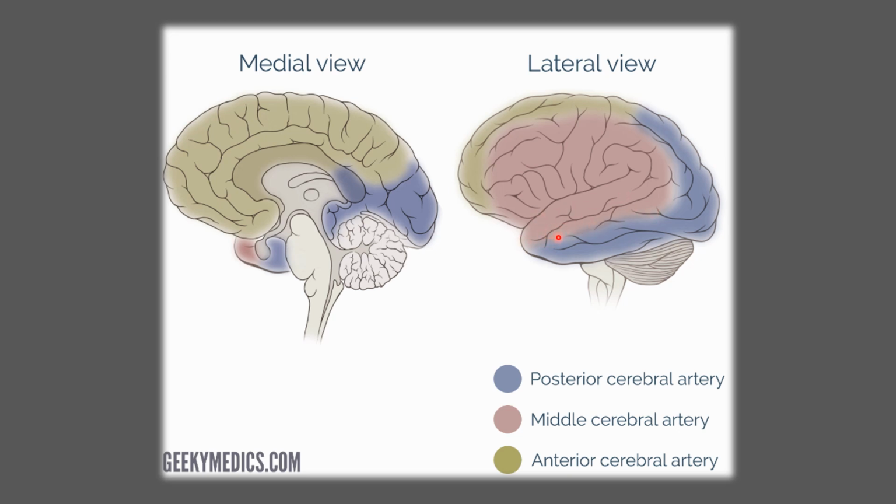While the posterior cerebral artery is mainly supplying the visual cortex and only a minor area from the upper lateral, parietal, and lower inferior temporal lobes as well.